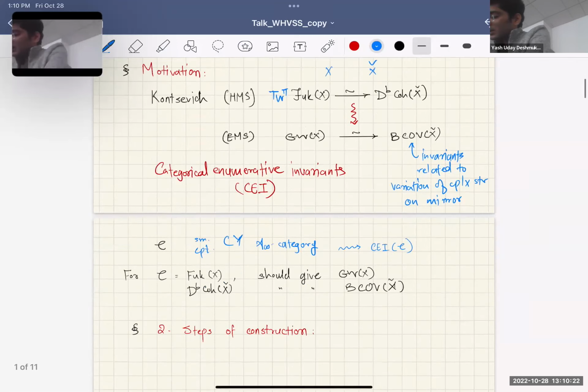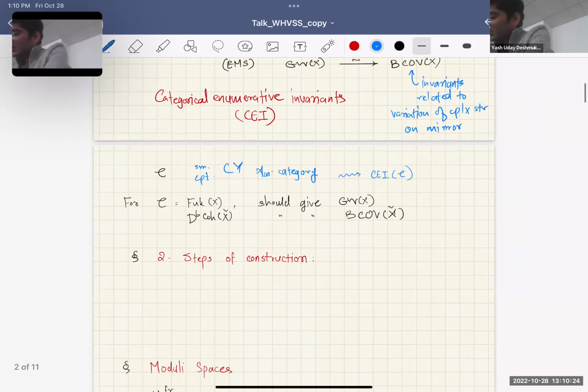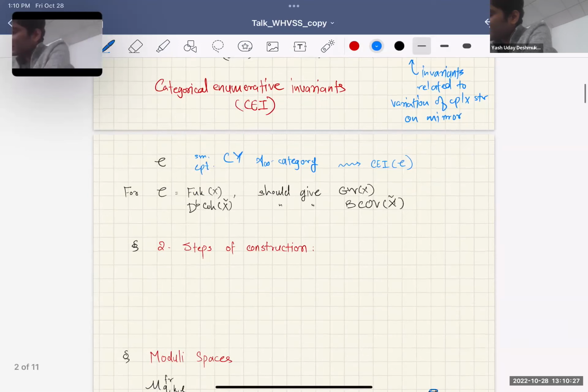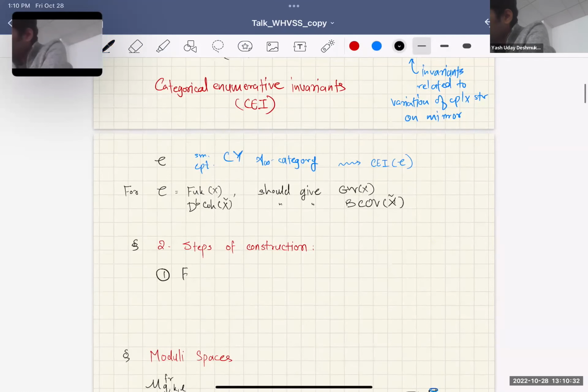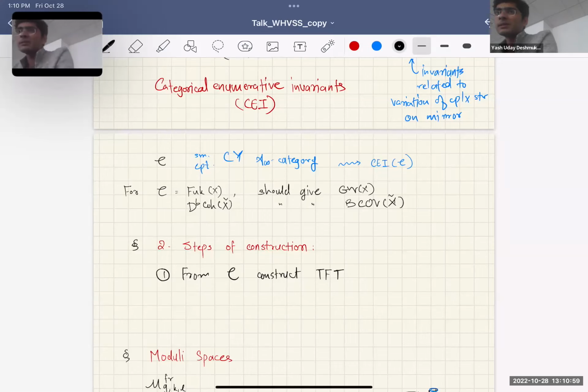Okay. So now he also outlined what should be the steps of this construction. The first step is we start with C and construct a topological field theory. This is also commonly called TCFT, and you should think of it as some field theory where your operations come from chains on moduli spaces of framed Riemann surfaces, on uncompactified Riemann surfaces.